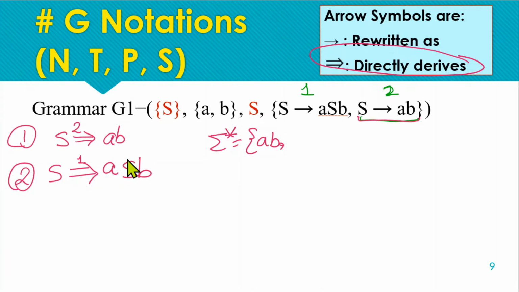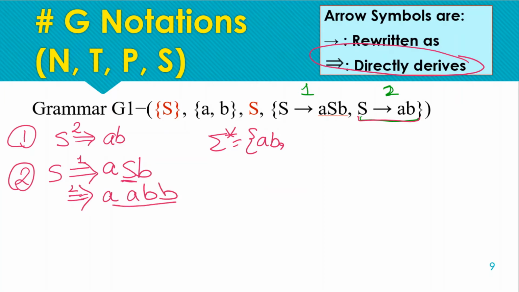So ultimately we have to rewrite these non-terminals in the sentential form, and we are following leftmost derivation. Here S is the leftmost variable to be rewritten. So S is taken as the target variable to be rewritten, and corresponding to S we have this second production rule for termination. By the application of rule number 2 we get this.